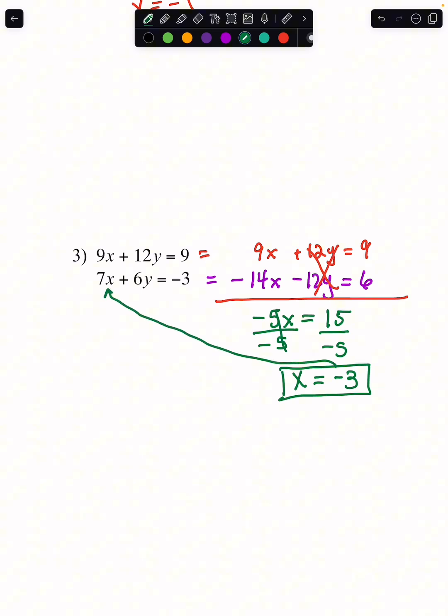So I have 7 times negative 3 plus 6y equals negative 3. Let's do this a different color just because. So 7 times negative 3 is negative 21 plus 6y equals negative 3. I'm going to add 21 to both sides.